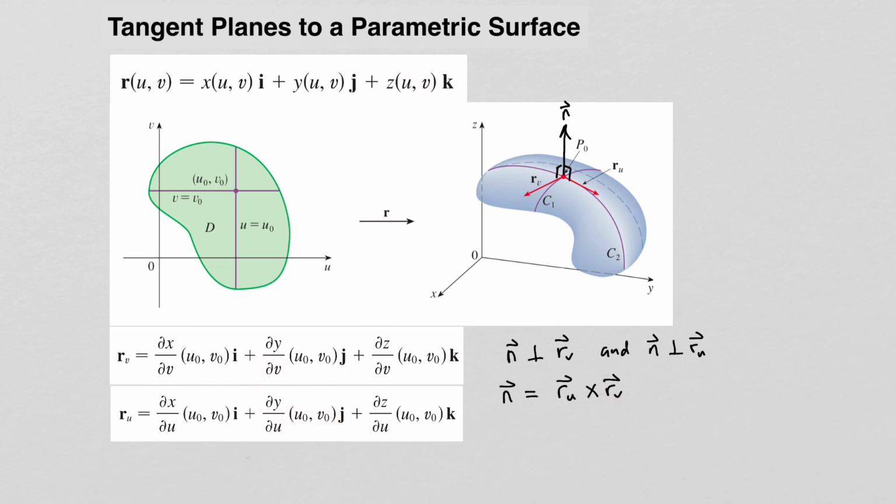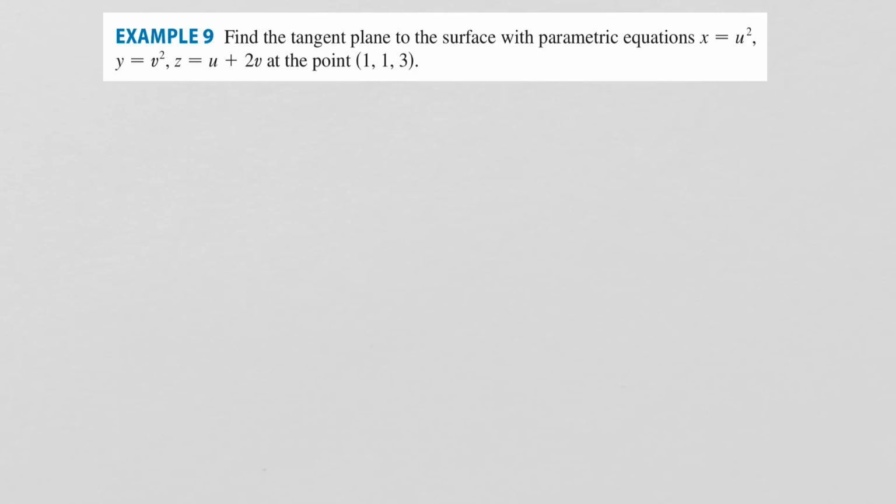Let's take a look at an example. So here we want to find the tangent plane to the surface with parametric equations x equals u squared, y equals v squared, and z equals u plus 2v. So first we need RU, and this is going to be the partial derivative of x with respect to u, the partial derivative of y with respect to u, and the partial derivative of z with respect to u.